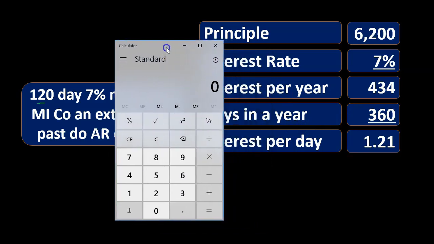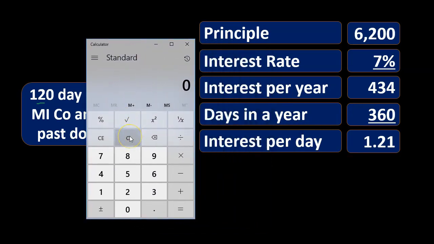So what does that mean? Where did we get the number of days at 360? We're going to say 12 months times 30 is 360. There's really 365, but we're going to round it for simplification purposes for simple interest calculations. We're going to take the 434 divided by the 360, meaning 434 interest for an entire year divided by 360 days is about $1.21.